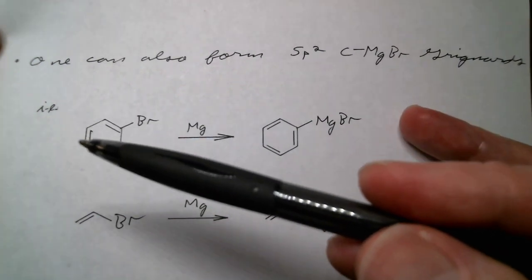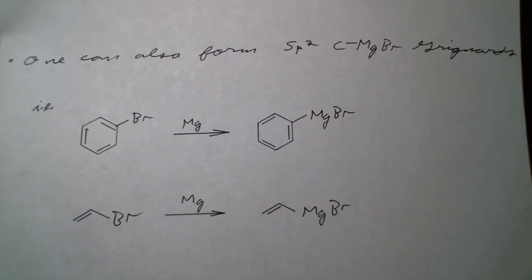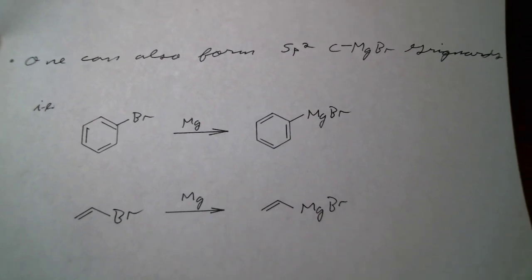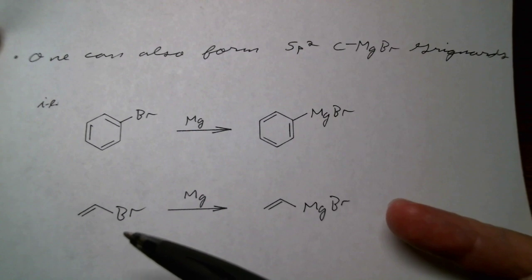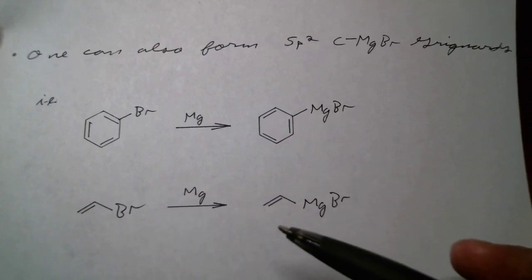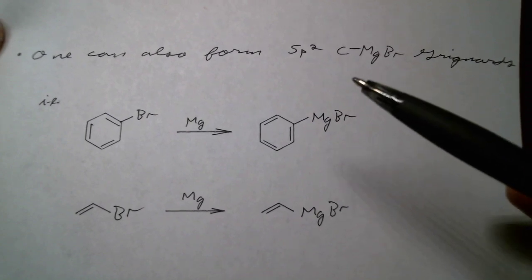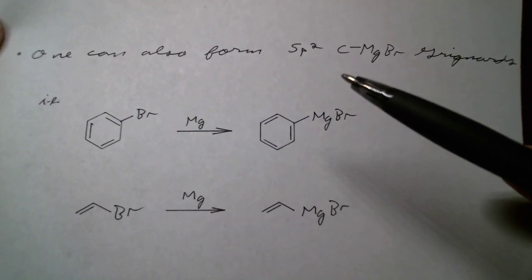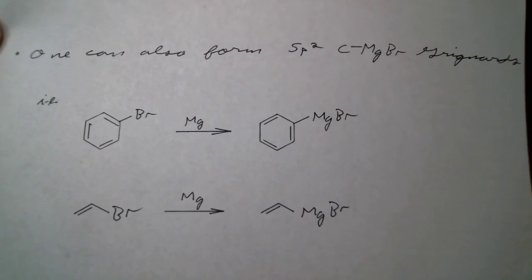We could mix in phenyl bromide or bromobenzene with magnesium and generate phenyl magnesium bromide, or we could mix in vinyl bromide with magnesium and generate vinyl magnesium bromide. We could even generate Grignards with sp hybridized carbons, but that'll be subject for a future class lecture.